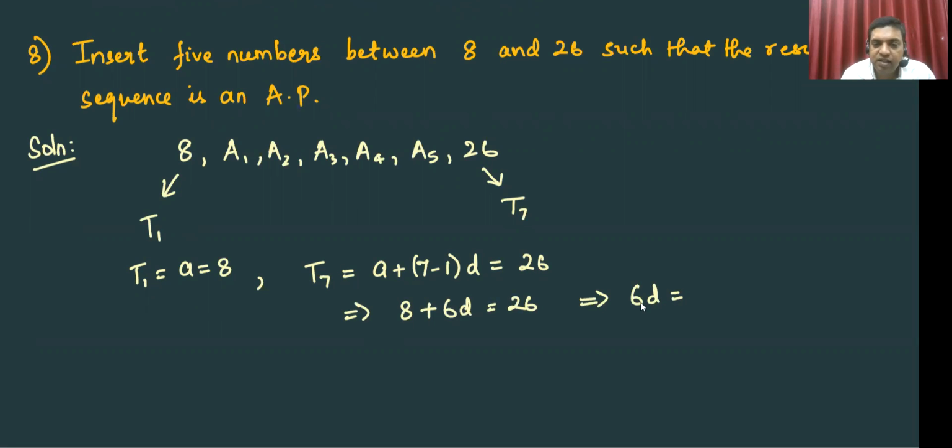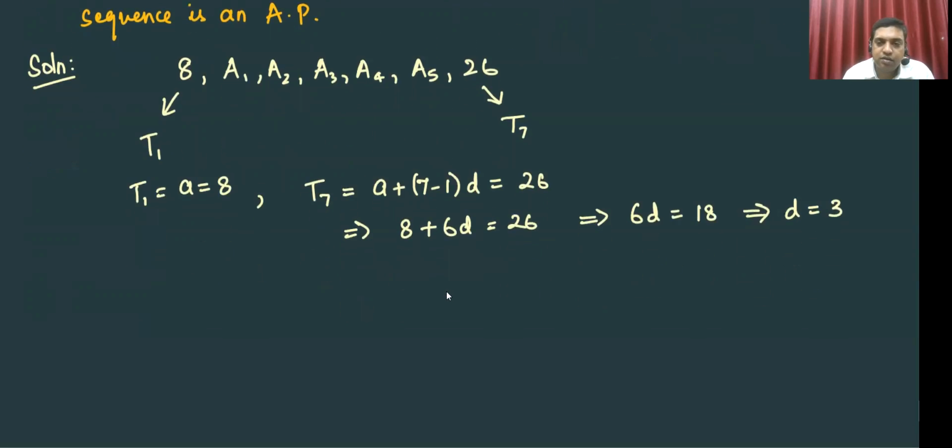So 6d is 26 minus 8, which is 18. So d is equal to 3.